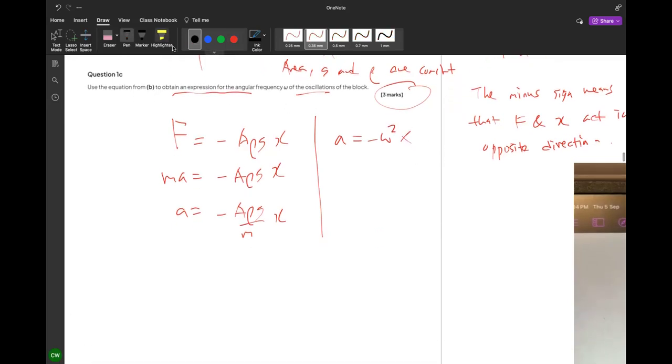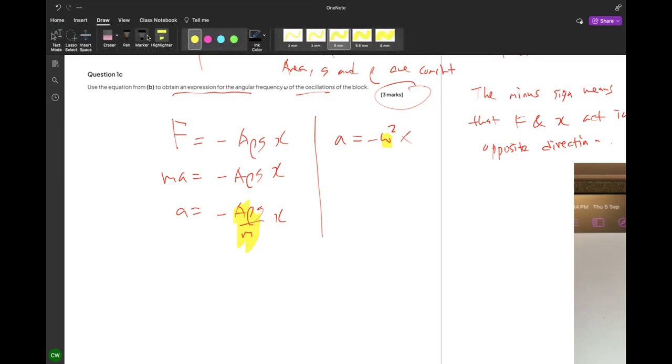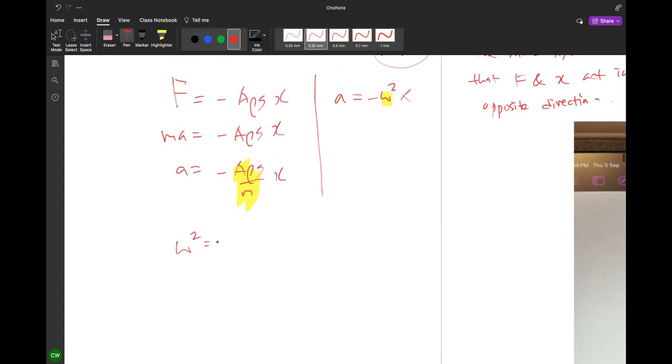So by comparison, you should be able to see omega square is this whole thing. So how do you write? Omega square is A rho g over m. Omega will be the square root of A rho g over m.